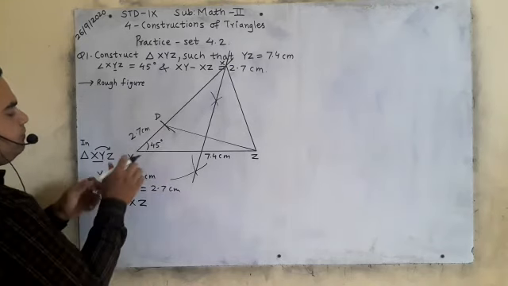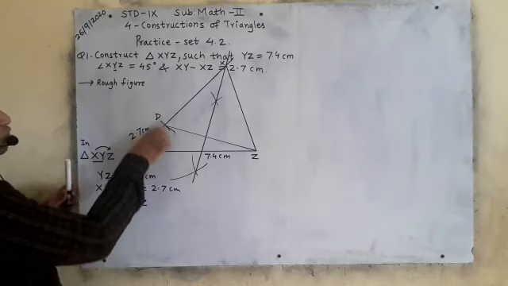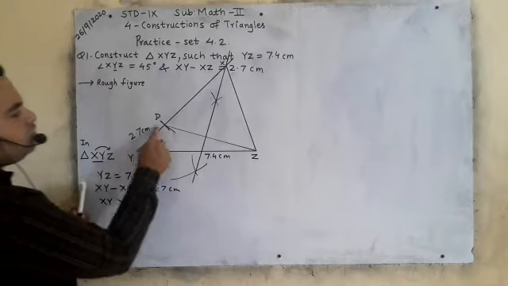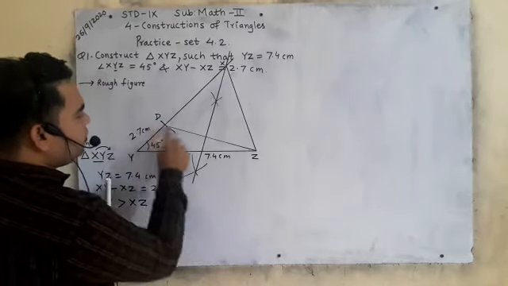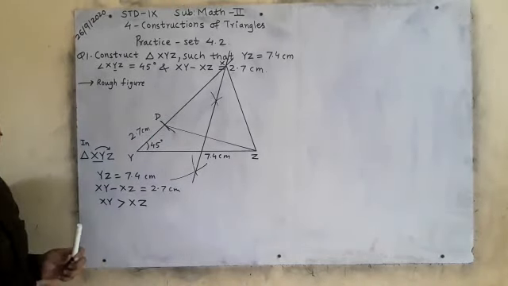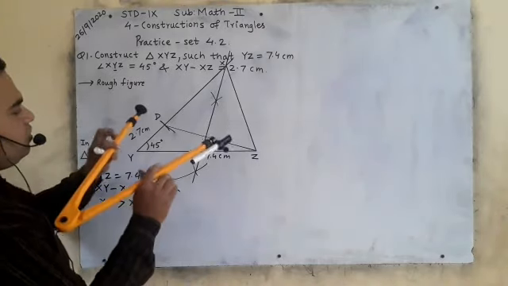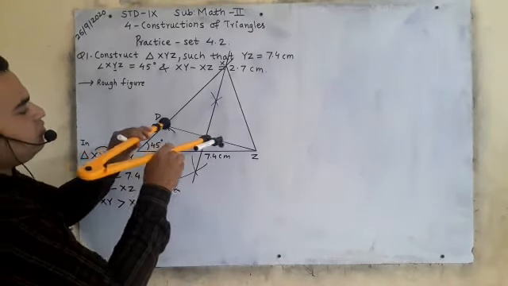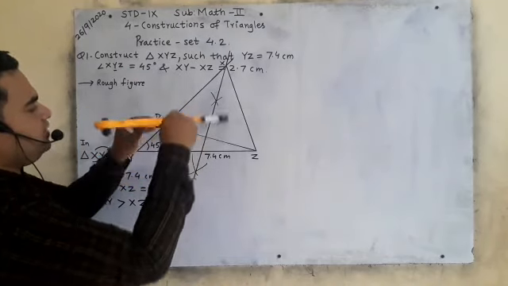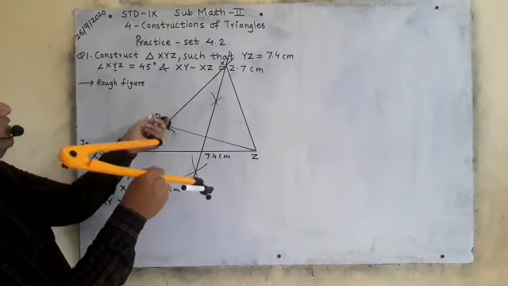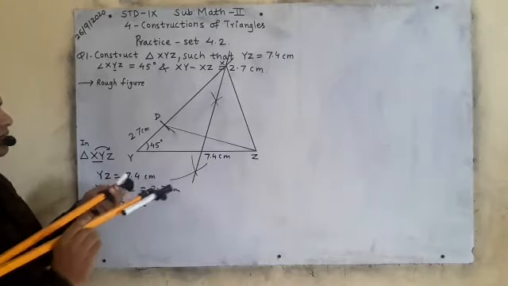So that you will keep on Y and you will take a 2.7 centimeter arc. You will mark this D. You will join this Z to this D. Then with the help of the compass, you will take more than half, and then you have to draw the perpendicular bisector.